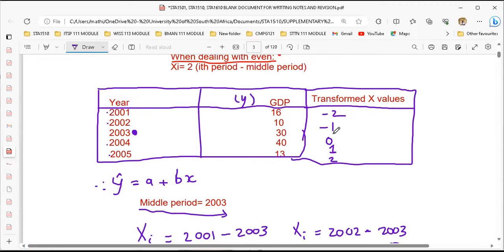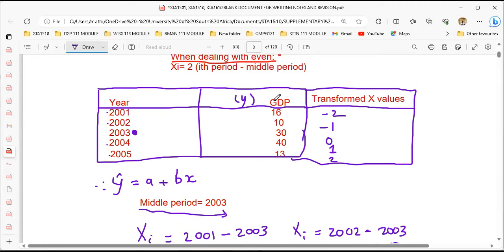After entering -2, I press the equal sign so that it moves to the next step. And then -1, 0, 1, 2. Then I'm done entering, and then I move to the y variable, and then I'm going to enter my y values here for the GDP. 16, 16, 10, 30, 40, 13.